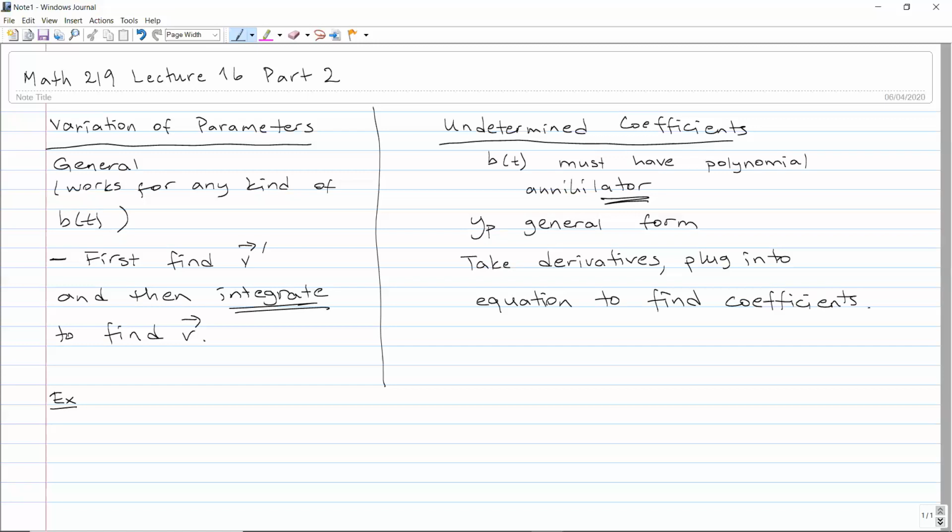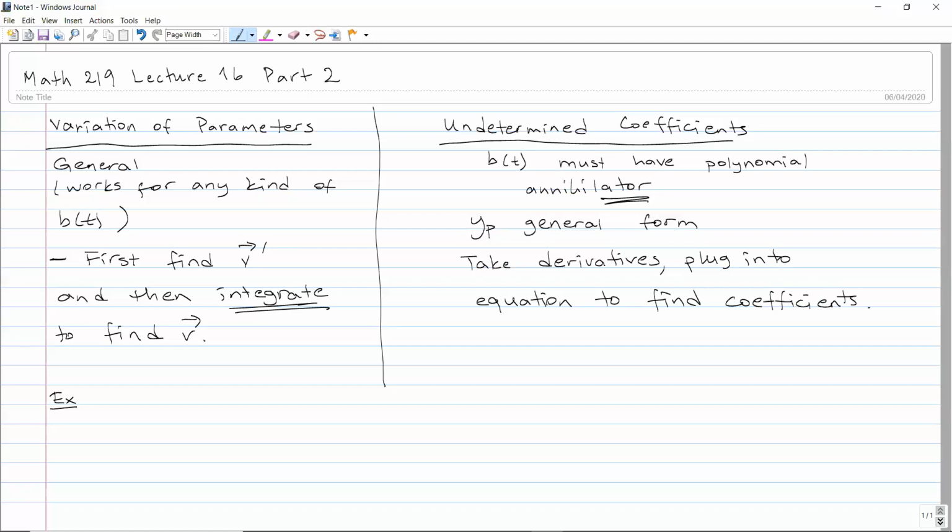True, in an exam, you probably will never find such a question, but I think it's an important example to understand how variation of parameters works, because for larger systems or equations of higher order, if you know how it works, you may try to write a program, for example, to find your solutions.